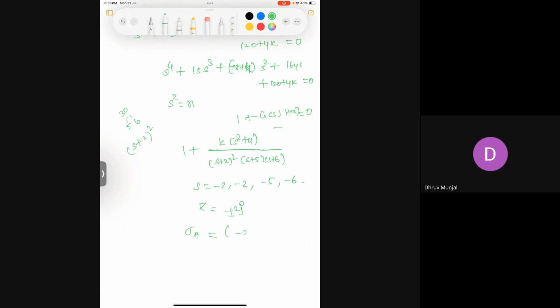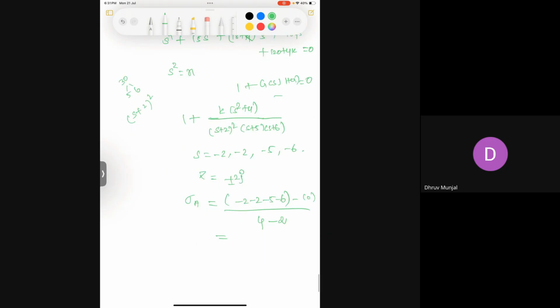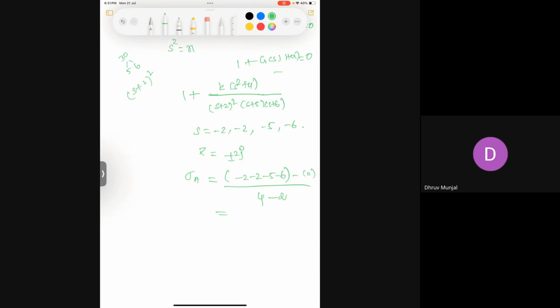Sum of poles minus sum of zeros, sum of zeros will give you 0, divided by number of poles, 4 poles minus 2 zeros. So this will give you minus 15 by 2, minus 7.5. Right? So your asymptote will go from the point s is equal to minus 7.5. That's the answer.